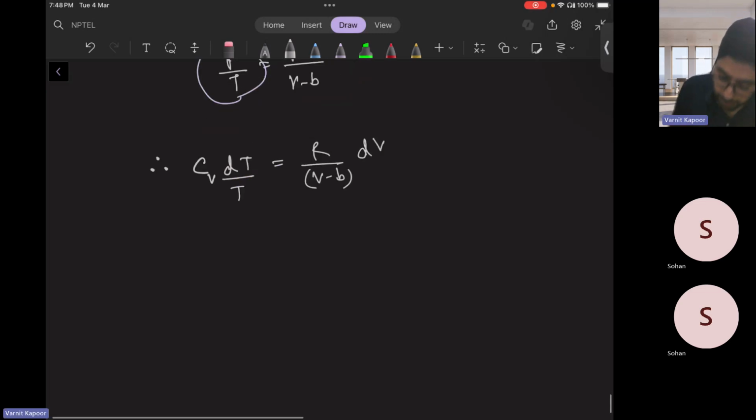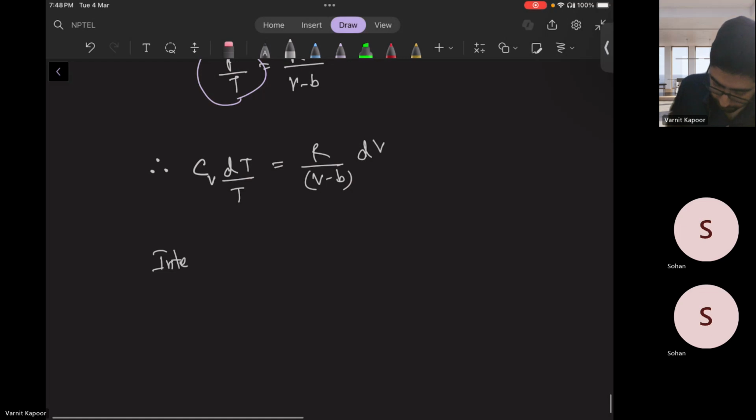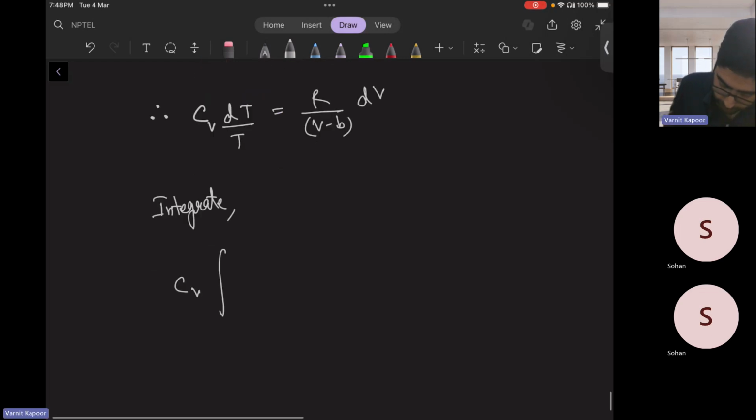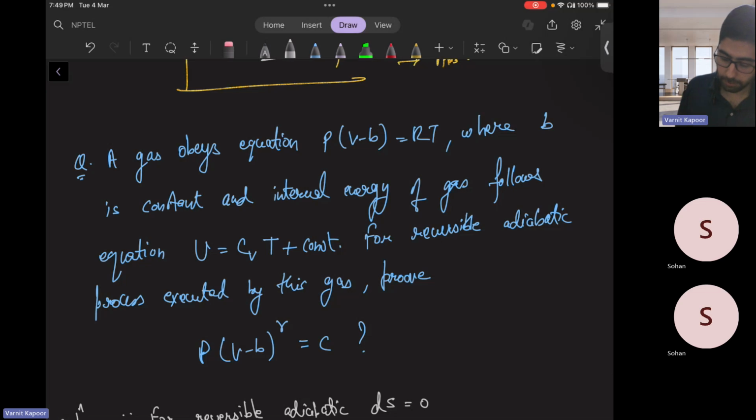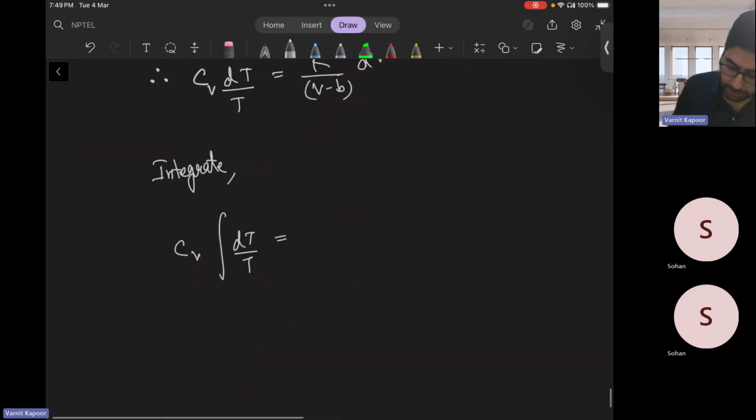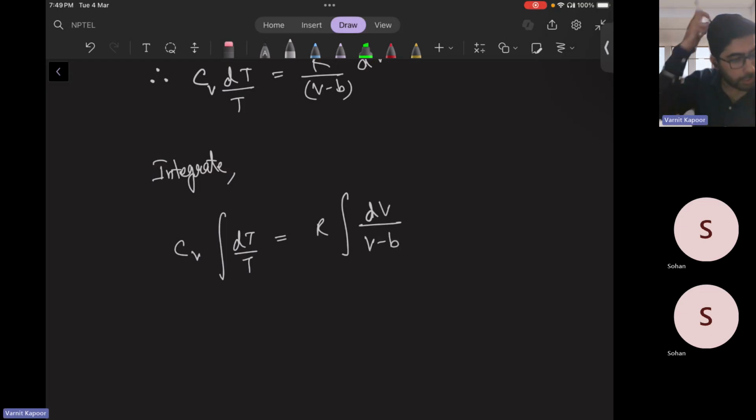Now you can integrate. So it is Cv integration dT by T, R is constant, dV over (V minus b). Now what is the integration of dT by T?